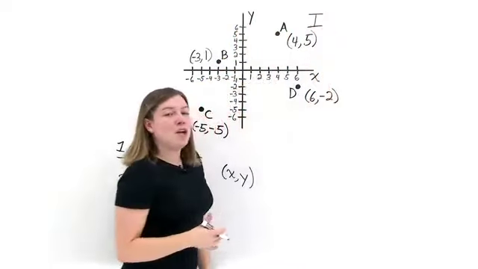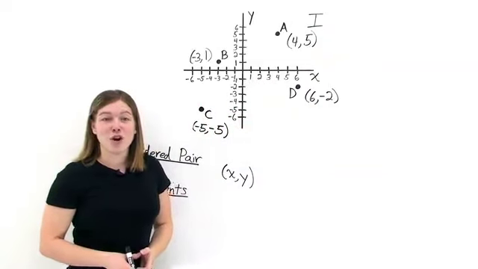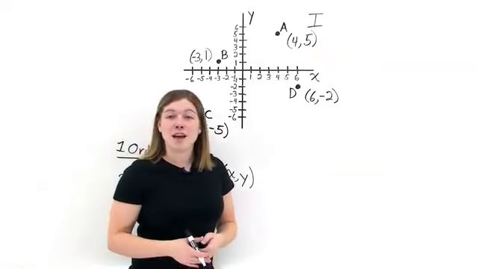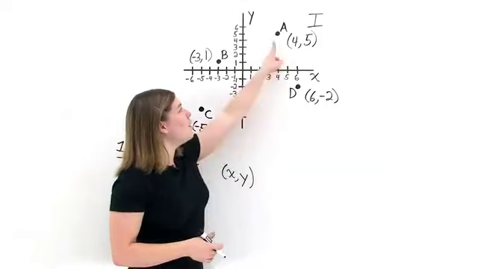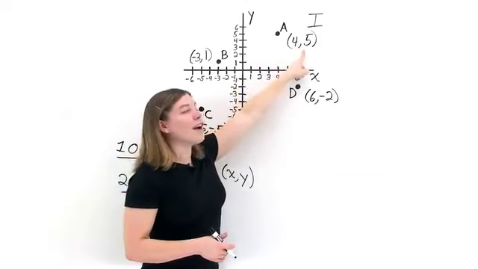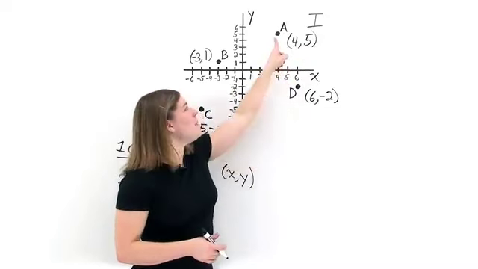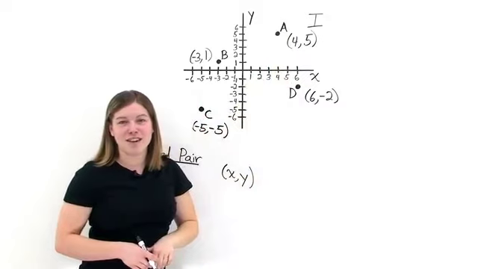So the upper right quadrant is quadrant 1. It's where the x and the y values are always positive. And we can check that with the point that's in that quadrant. Point A, the point 4, 5. Both 4 and 5 are positive, so x and y are both positive. That means our point A lies in quadrant 1.